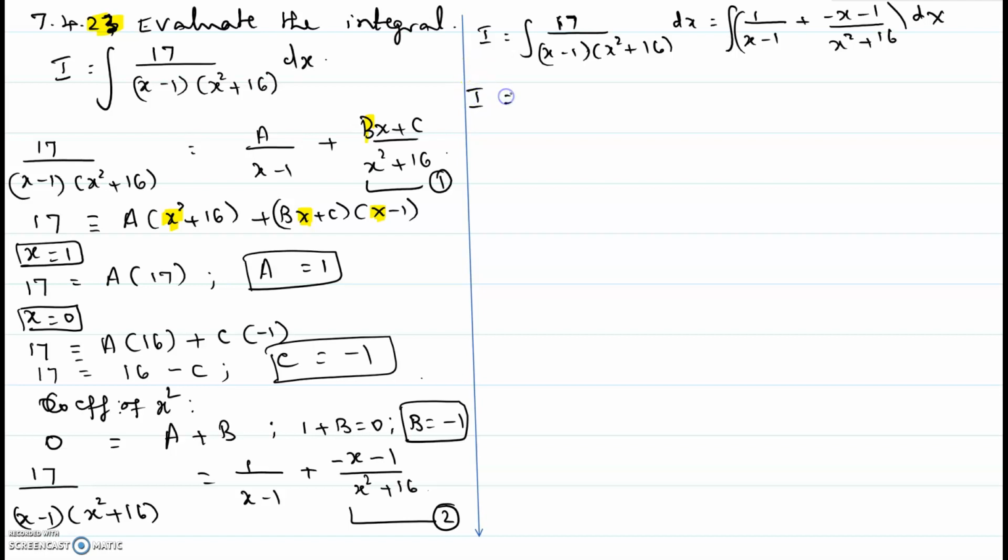So integral I would be the integral of these terms: 1 over x minus 1 dx, plus the integral of negative x over x squared plus 16, you break them into two integrals, then plus negative 1 over x squared plus 16 dx.